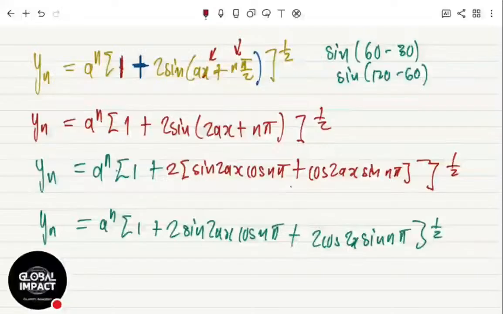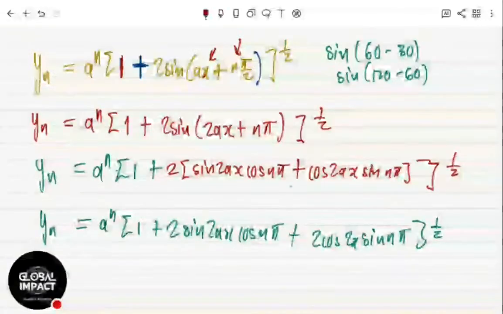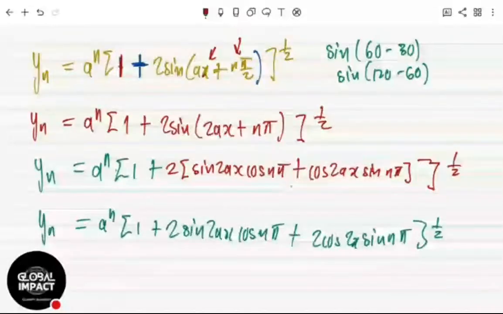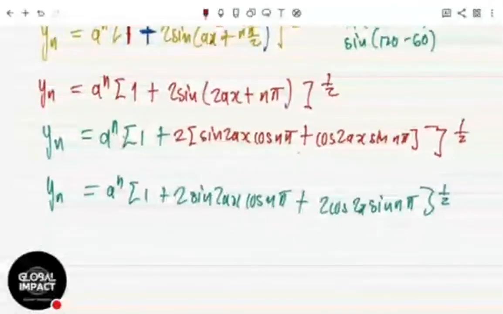It helps you. I would say cos 180 degrees. You get -1. So that means here, cos n pi, I can say it will be cos pi times n.